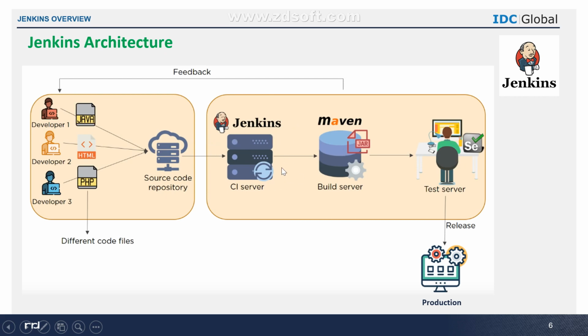Once the build succeeds, it generates a war file or jar file, and automatically copies this war file and deploys it into the Tomcat server, development server or test server. Then testers will test the functionality. Once that is done, finally the same artifact file we deploy to the production environment. That's it.